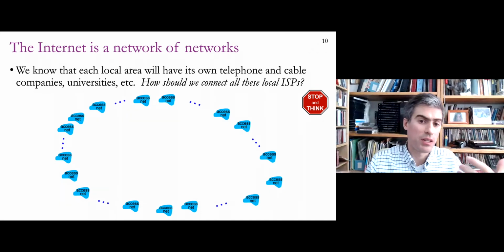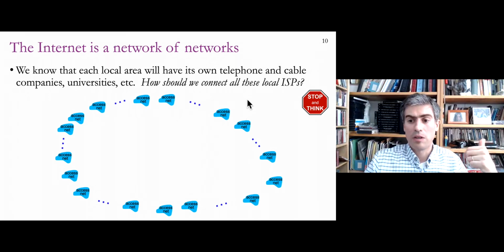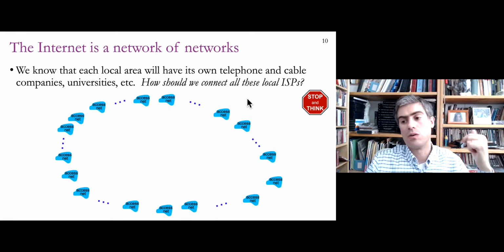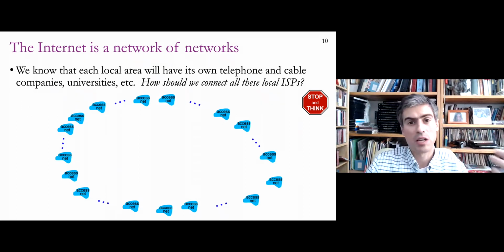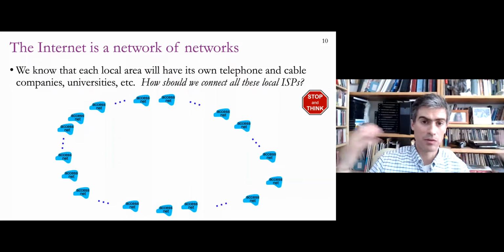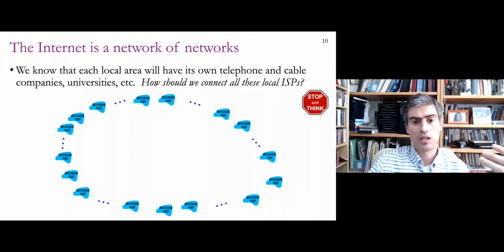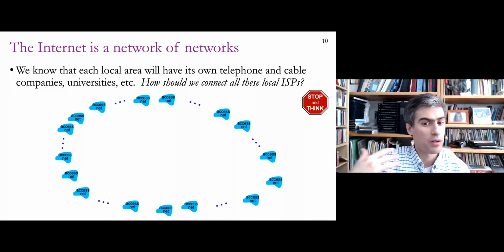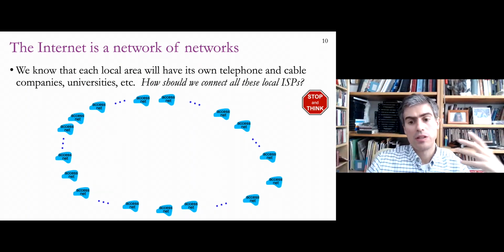Those decisions of what links are built and where they connect are driven by the business interests and the selfish interests of the different participants on the network, the different autonomous systems, whether they are telecommunications companies or universities or companies like Amazon or Google or Facebook that operate their own data centers. All of those organizations build links, connect to other peers to create the internet.